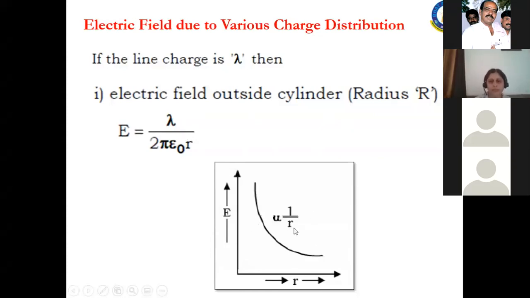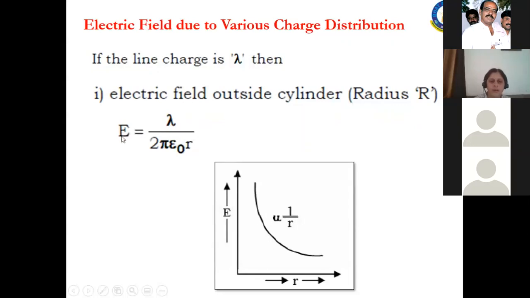Here, if the linear charge density is lambda, then consider the electric field outside a cylinder. The cylinder is nothing but a long straight conducting wire. You have studied it in theory, if you remember, a long straight conductor of radius R. Outside, at a distance small r, what is the electric field?